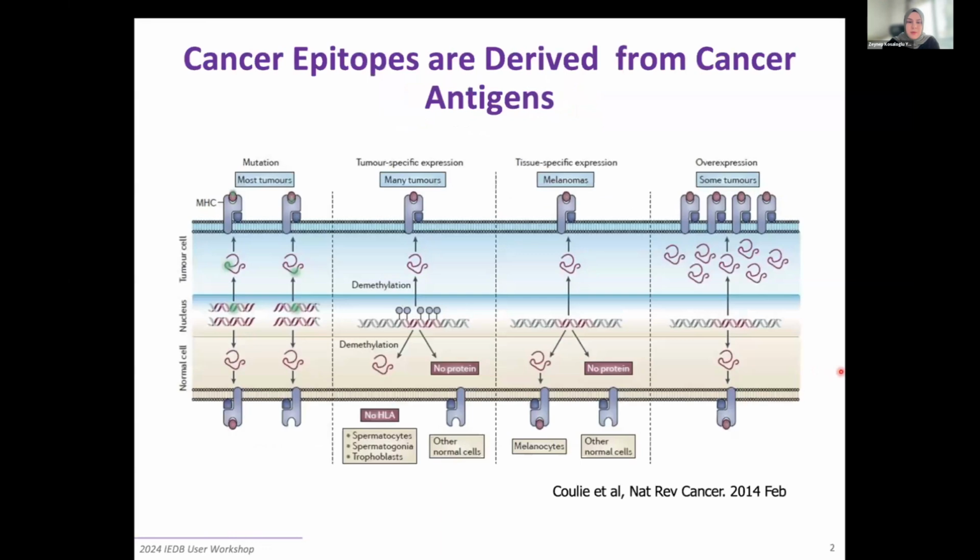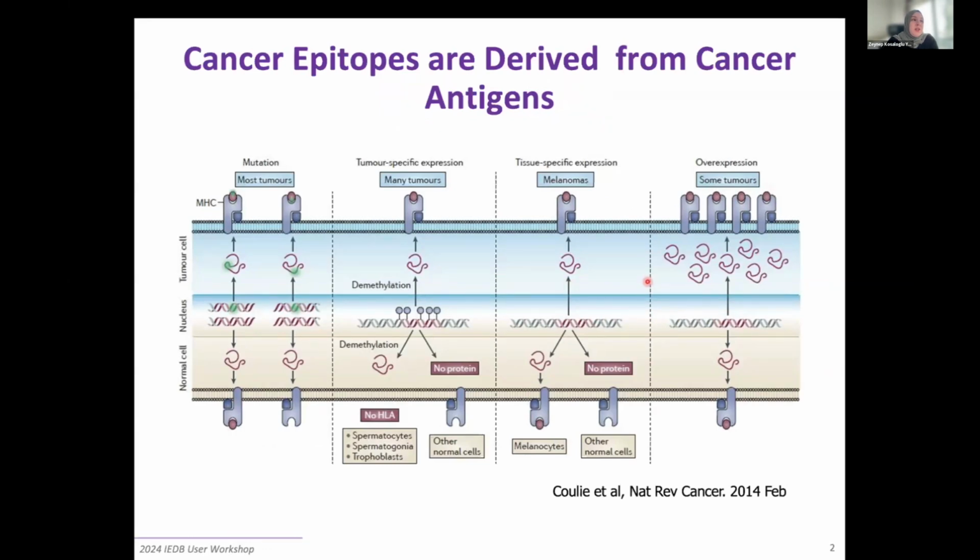So I'll start with a brief introduction about what cancer epitopes are. Cancer epitopes are short peptide sequences derived from tumor-specific or tumor-associated antigens. And these cancer epitopes are very important. They are crucial for the immune system's recognition and the targeting of these cancer cells.